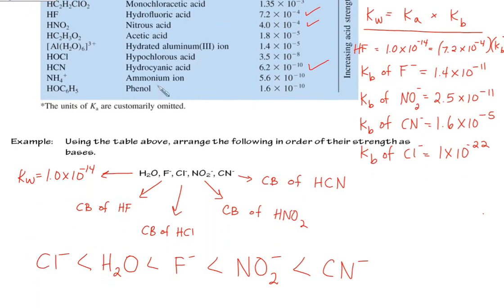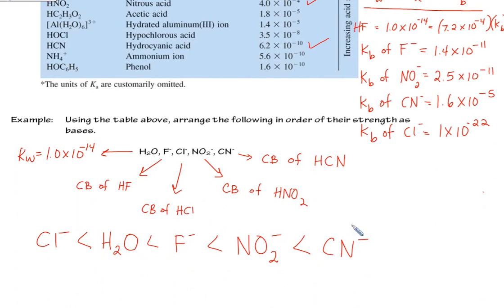Well, then look at the bottom here. This ends up being like your strongest base. This guy really wants the hydrogen. This thing, the cyanide ion, really tends to stay as HCN in solution. This guy does not have a tendency to ionize by much, which means it's a stronger base.